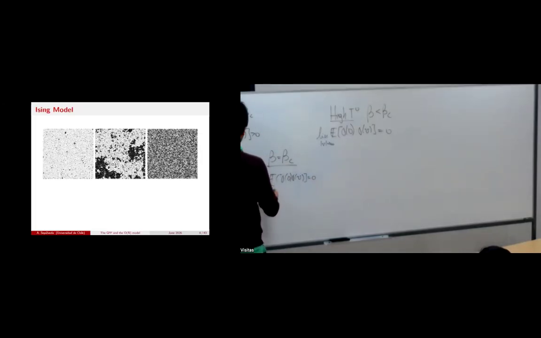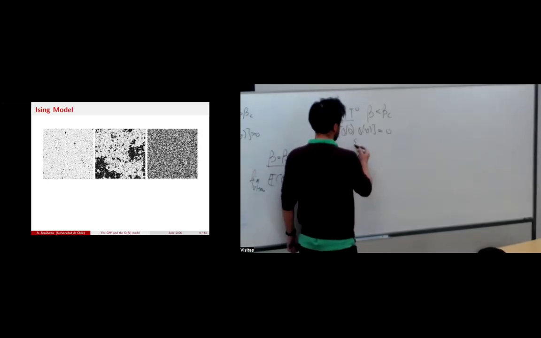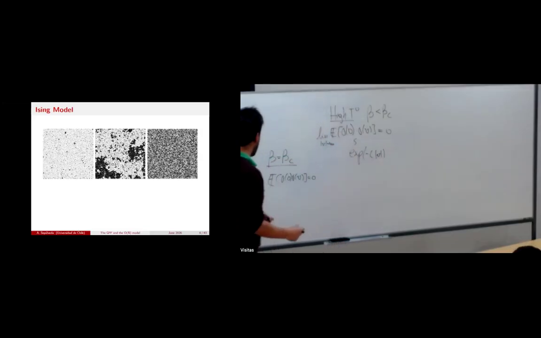because we see in the drawings that they are qualitatively different, the right-hand side picture and the middle one. So what's going on is that at high temperature, in fact, the convergence to 0 is exponential. And at critical temperature, it's actually not exponential, it's polynomial. This is quite general.